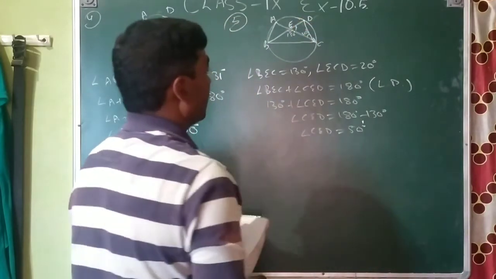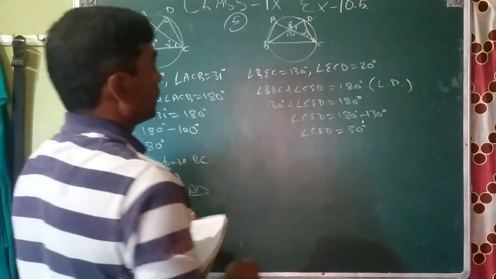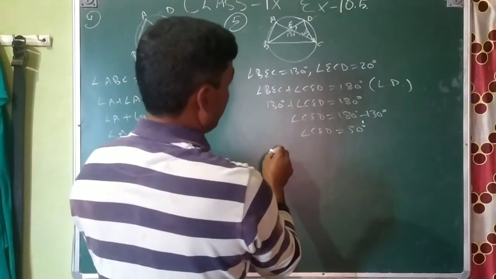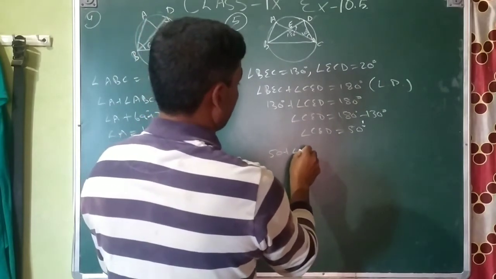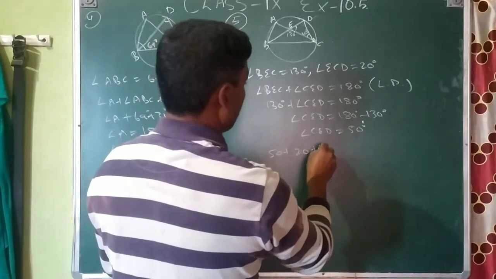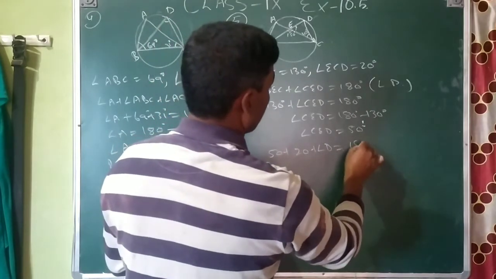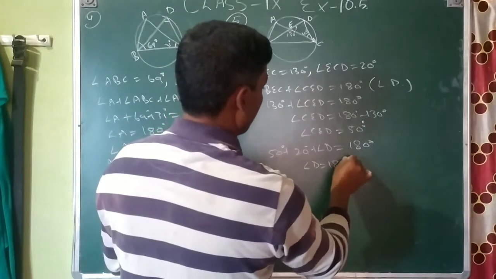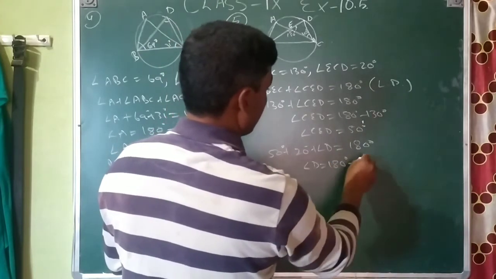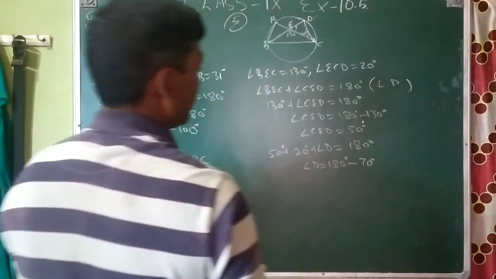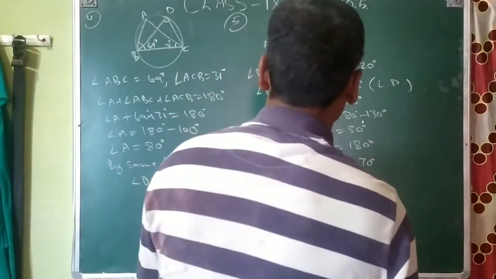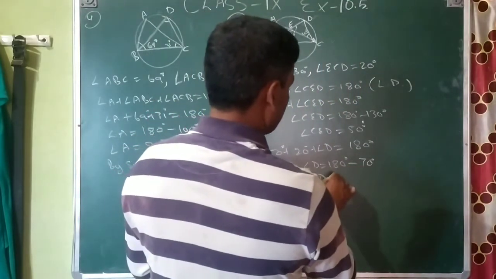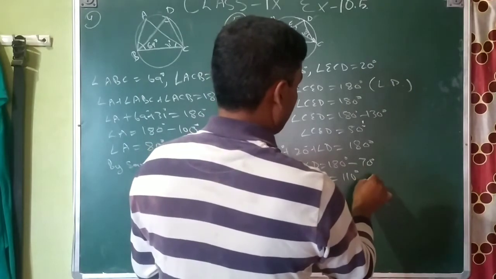So we have found this one angle. Now by the angle sum of a triangle, 50 plus 20 plus angle D is equal to 180 degrees. So angle D is equal to 180 minus 70, that will be 110 degrees.